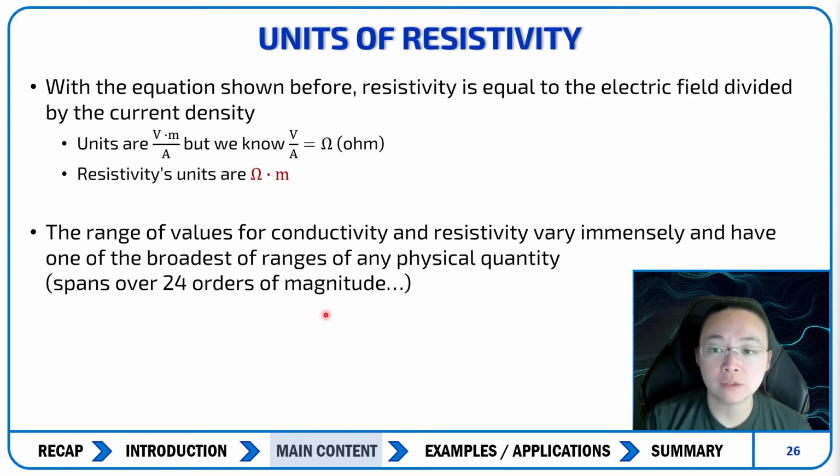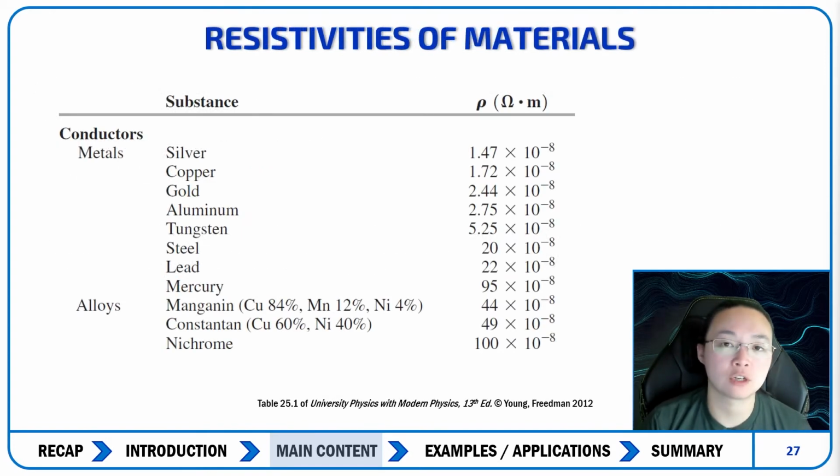So the range of values for conductivity and resistivity are going to vary immensely depending on the object that you have. And it's one of the broadest ranges of any physical quantity. So essentially it spans over 24 orders of magnitude, and you pretty much need a chart or a table like one of these in order to determine what the resistivity is. One thing to note when we're taking a look at these tables and graphs, you'll note that the resistivity of materials is given in ohm meters.